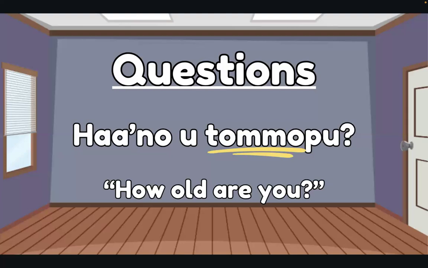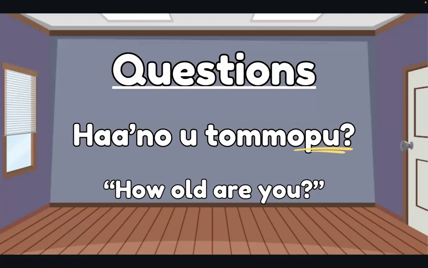And this final suffix pu is what's known as an aspectual suffix that indicates completion. So literally, this is like asking how many years have you completed? What's the quantity of years or winters that you have completed? But of course, in English, the equivalent is simply, how old are you?